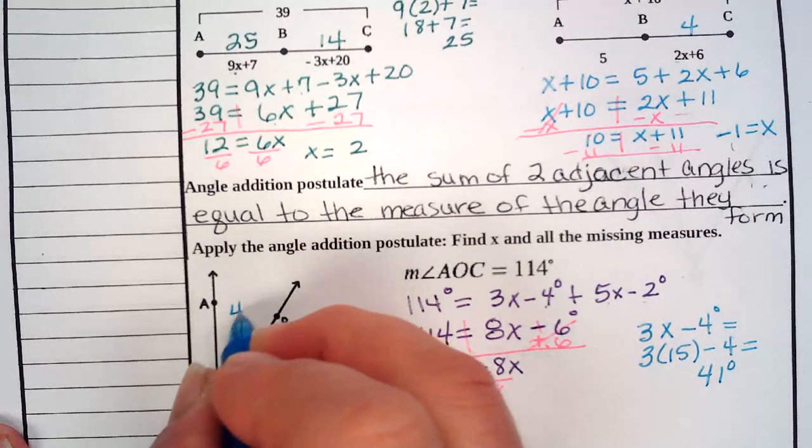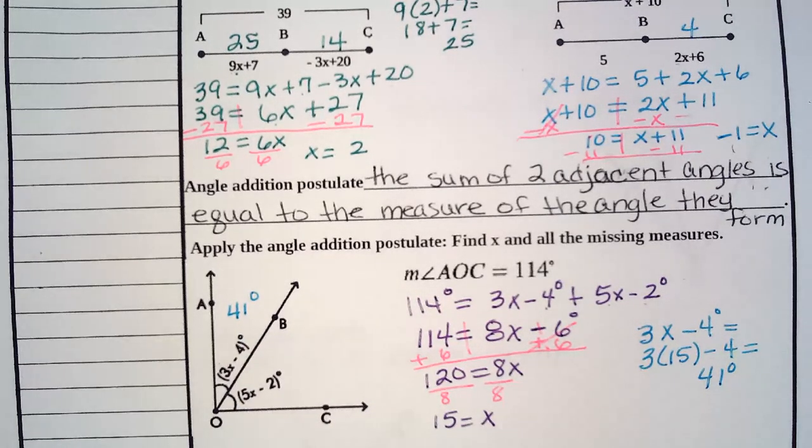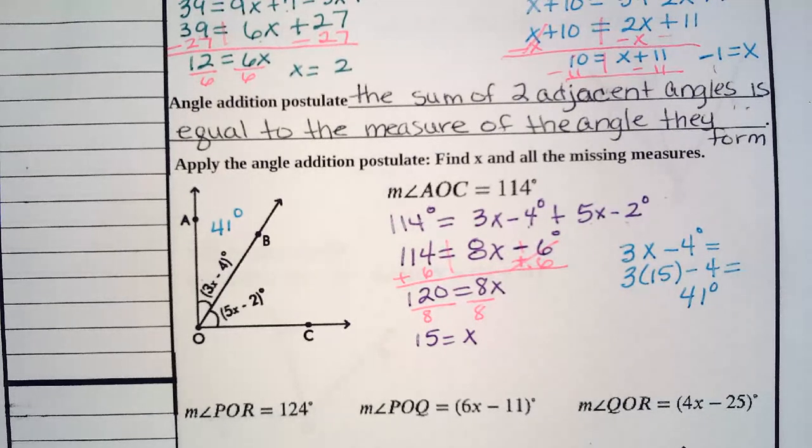So this one is 41 degrees. Now, for the other one, there's two different ways you can do it. 114 minus 41, or substitution like we just did. How are you going to do it? Depends on which way you like the best.